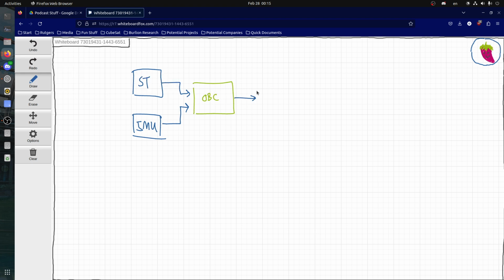There's gonna be some error in there. When you relay this to the reaction wheels, they are not perfectly balanced, right? There's going to be some error in them. There's a model uncertainty there, right? The reaction wheels may have jitter. That's a possibility. All of these things will contribute to error in pointing, right?